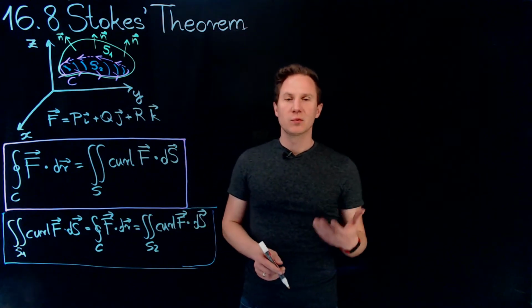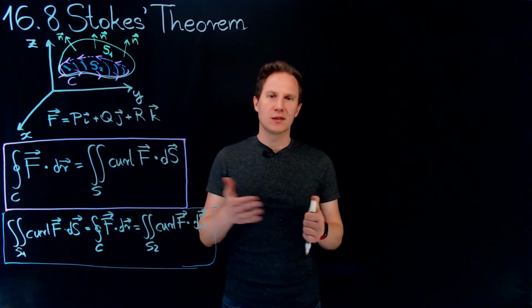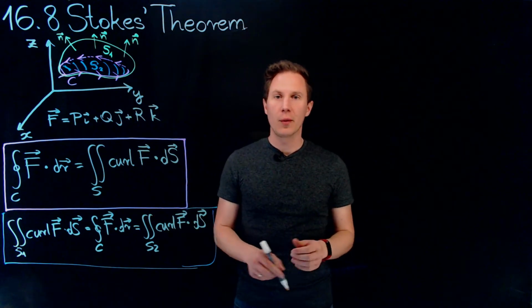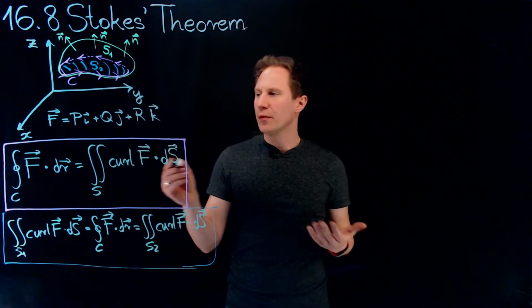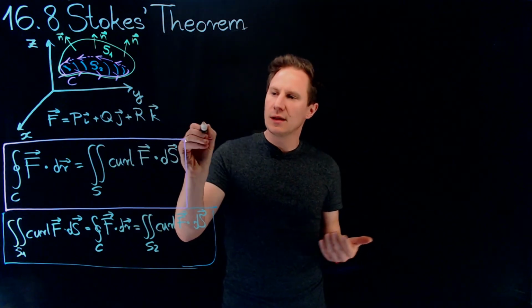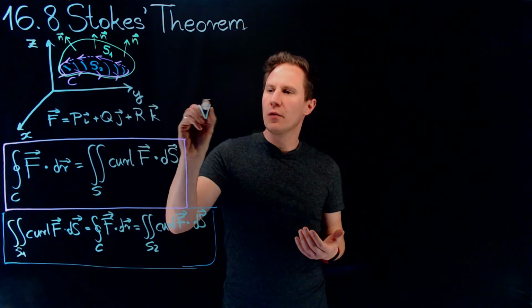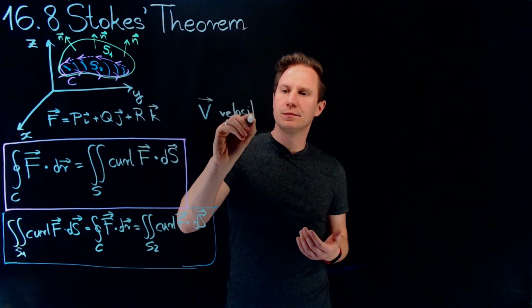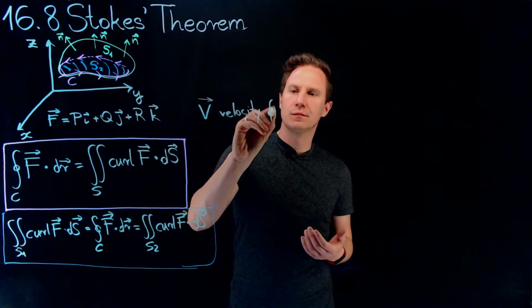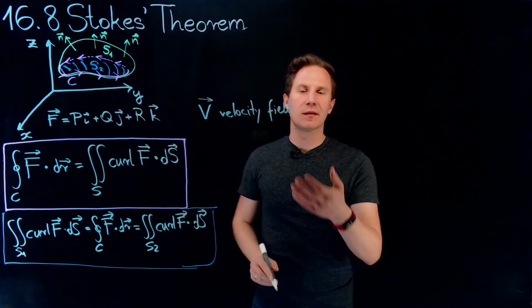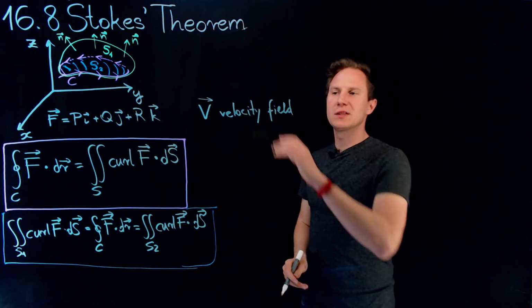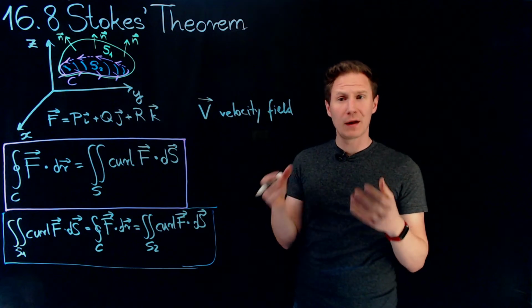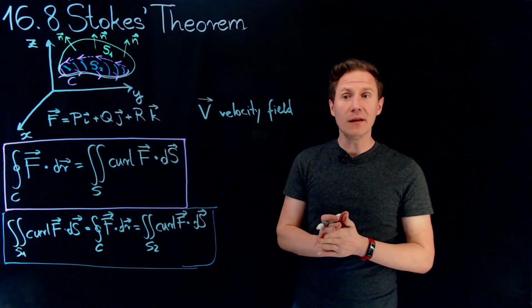Another one comes from this connection to fluids flowing. So imagine that our vector field, which, let's say, instead of F is now V, is the velocity field of some fluid, basically telling us what the velocity vector of each point in that fluid is.